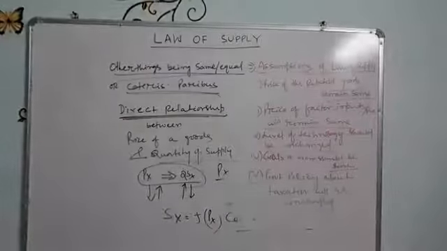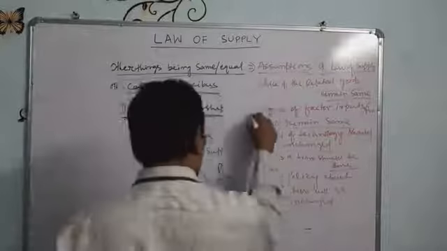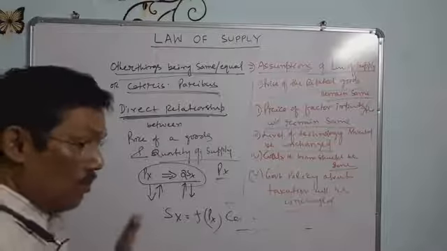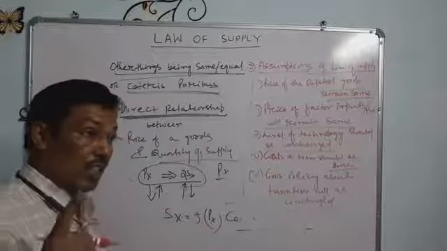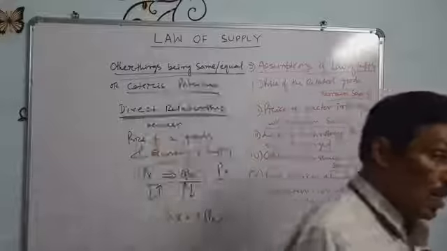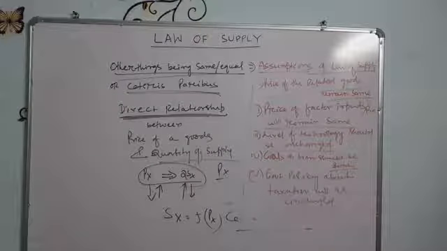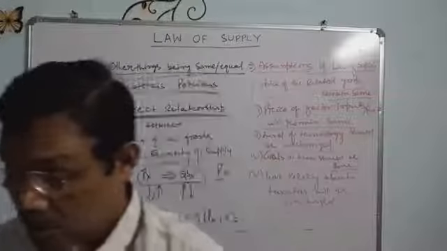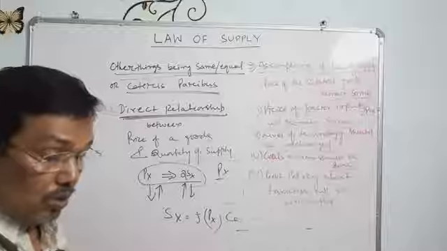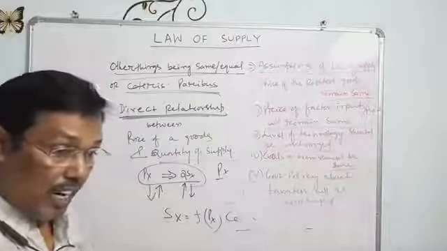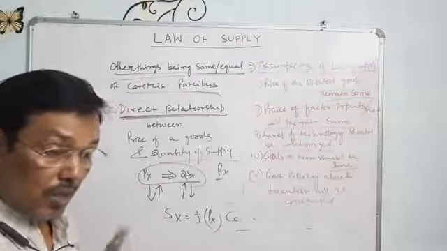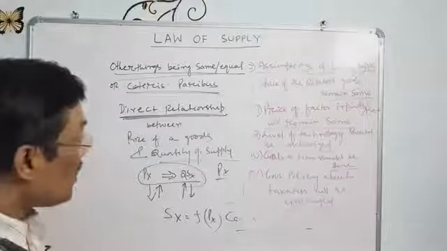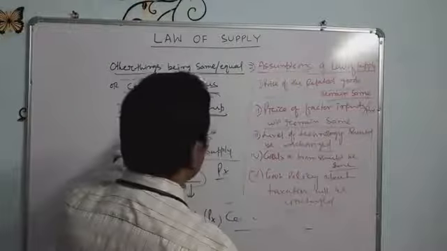So these are the assumptions of the law of supply; then the law of supply will be implemented. Remember, when I was discussing the difference between microeconomics and macroeconomics, I discussed one point: some factors are constant. That is why, with other things being equal, the law of supply operates. So other things being equal is ceteris paribus.